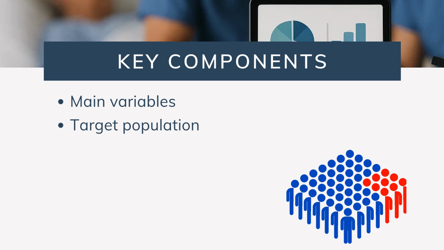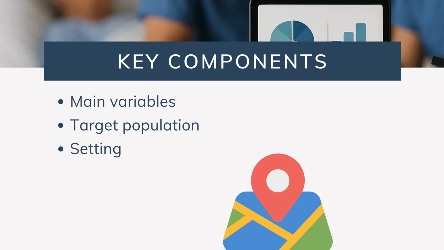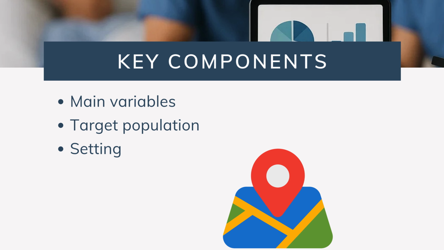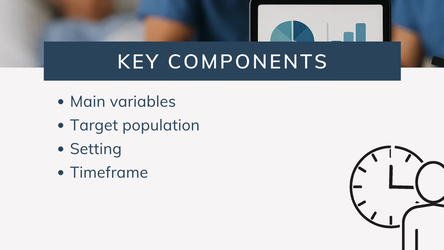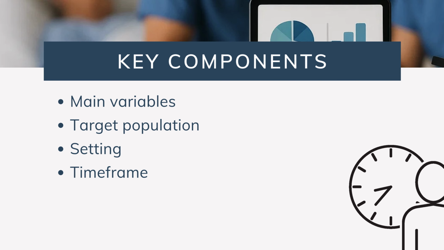This is the specific group you will be studying. Third, the setting. This gives geographical or institutional context to your study. Finally, the time frame. Including all of this helps ensure that your title is complete, meaningful, and relevant.